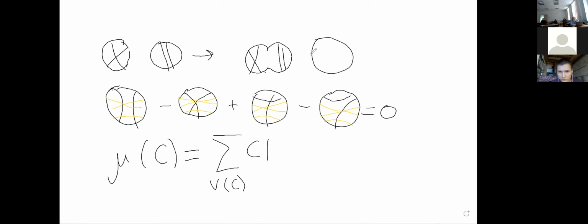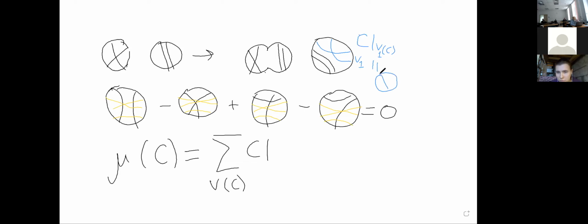So if we have this V of C, and for example here this restriction is V1.